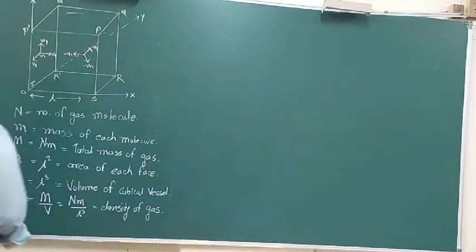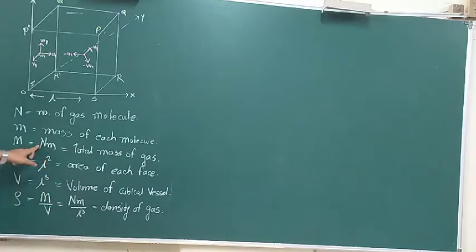And rho is the density. The formula for density is mass upon volume, so rho is equal to N m upon L cube, which is the density of the gas.